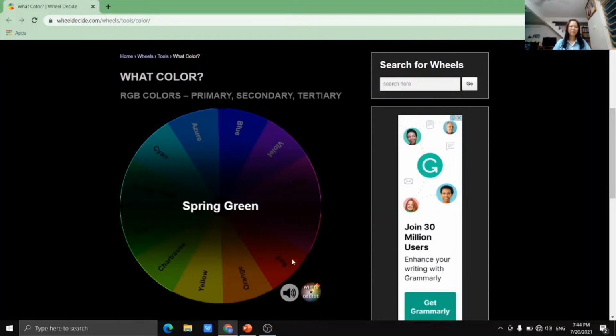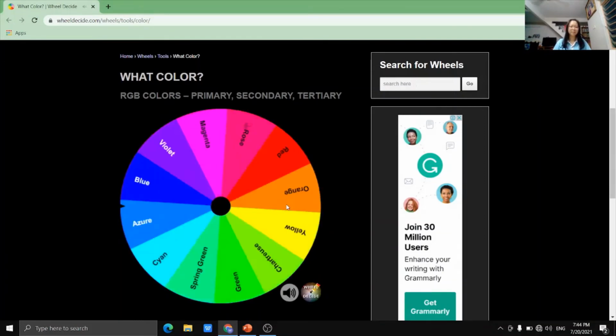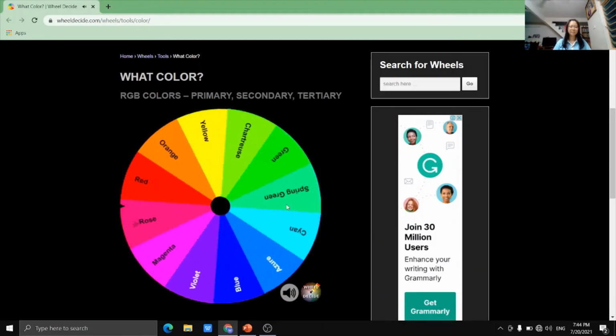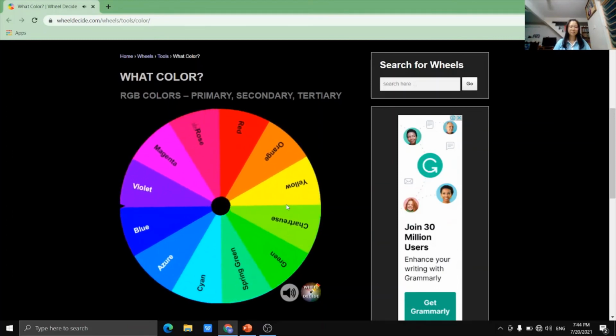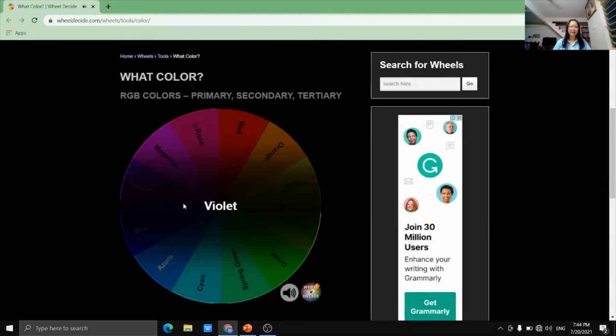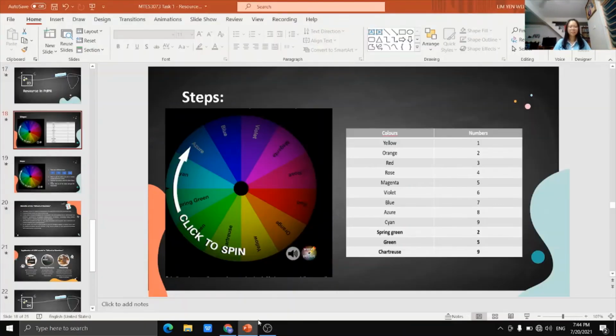And now I'm going to spin it for the second time. And now I get violet. And I know 6 is represented by the color violet. Again, I'll jot down the number.